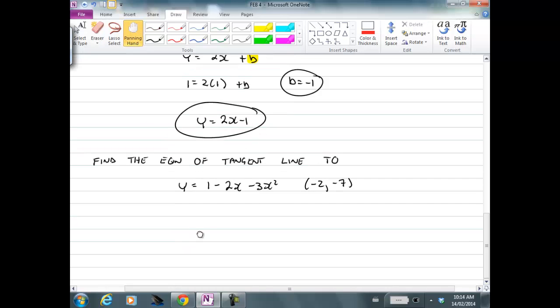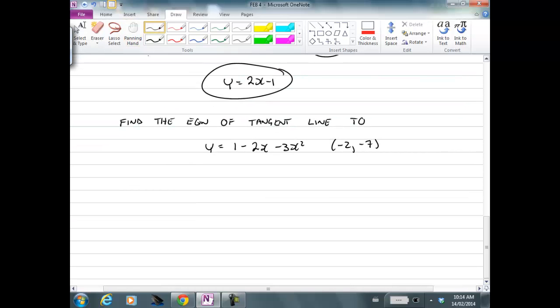A lot of you, what you did first is probably went like this. You went f of x minus f of -2, all over x plus 2. This is the basic setup. So now watch what I'm going to do.